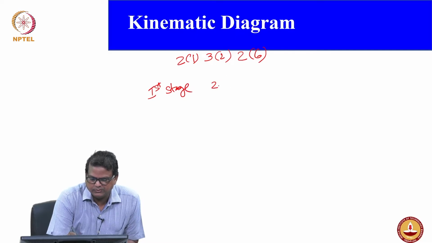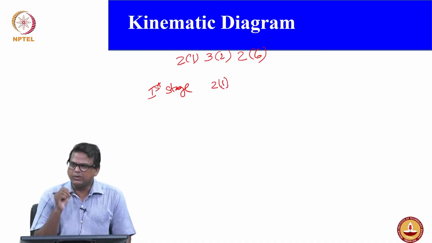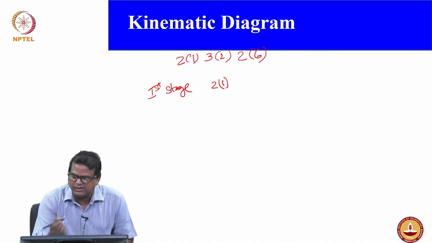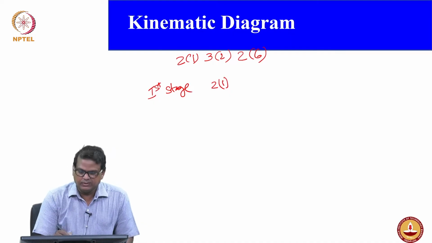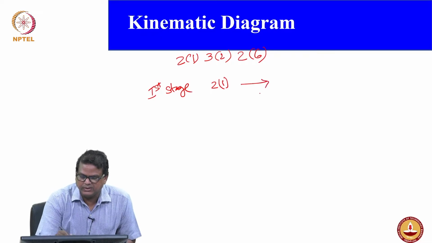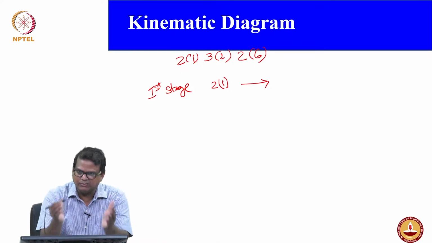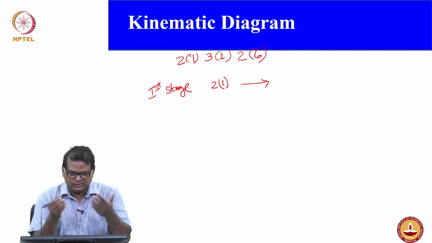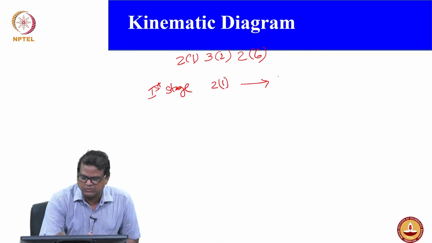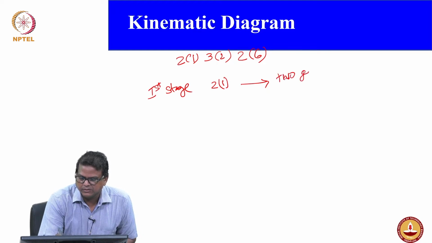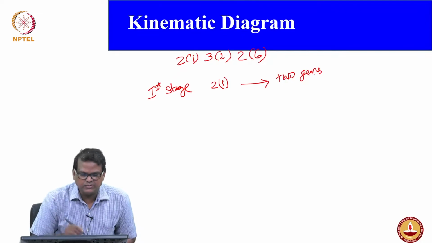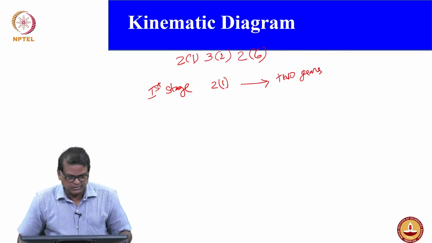We talk about one input speed and 2 output speeds, and also the distance between the 2 output speeds, within the bracket, that we already know. Another piece of information is that you need 2 gears in the first stage.